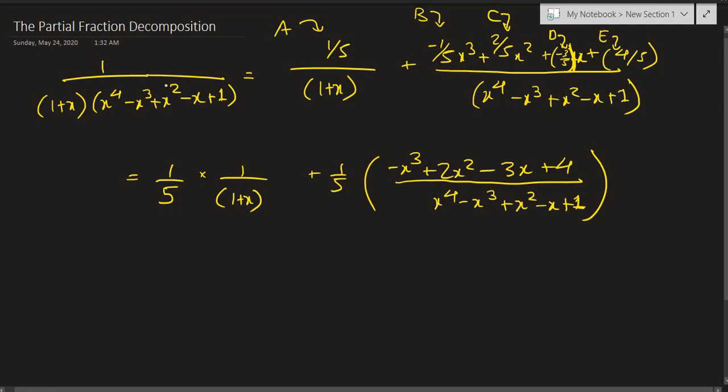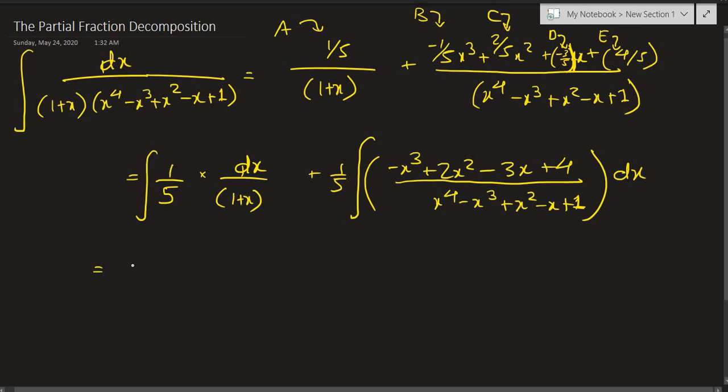Well, we've performed our partial fraction decomposition. Now let's integrate on both sides with respect to x. The integral of this expression is going to be the integral of these expressions separately.